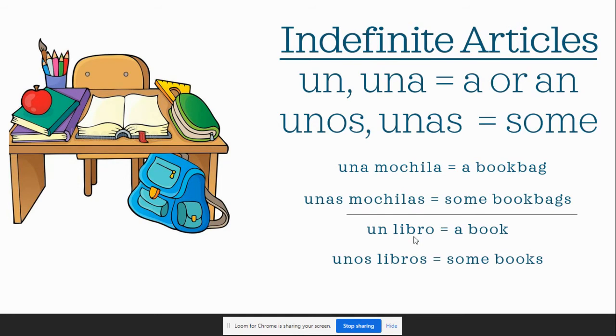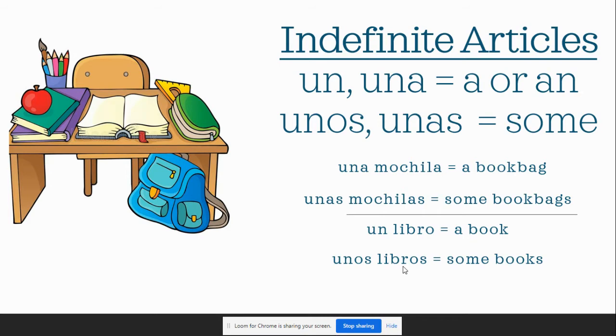For example, un libro. If I have a plural masculine noun, I would use unos to express some. Okay. All right. So let's try it.